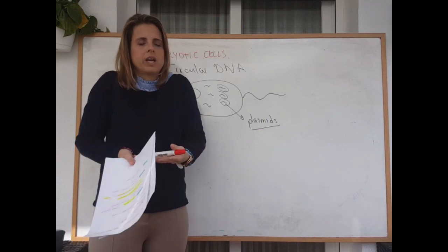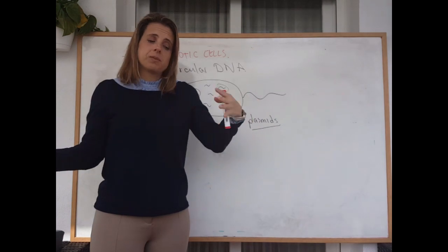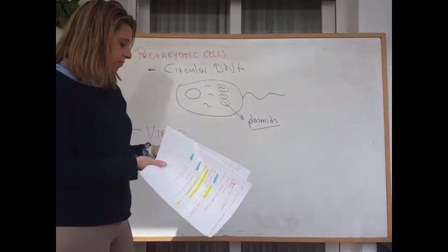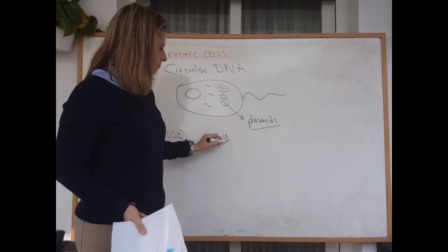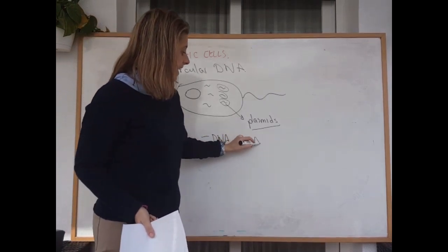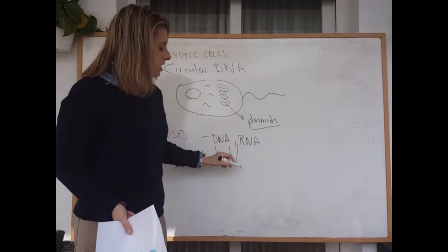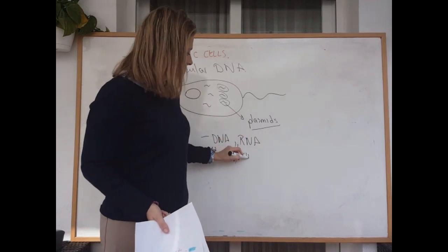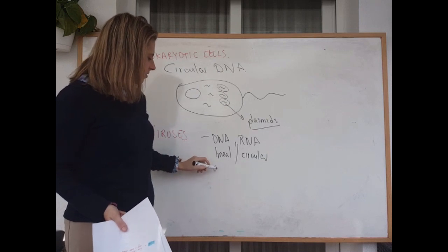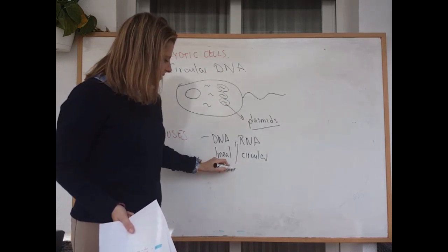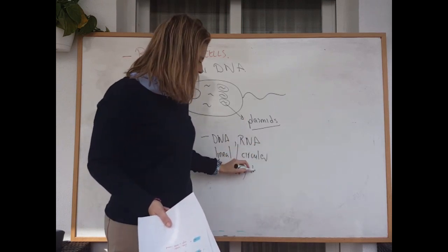So, as we have plenty of different types of genetic material for each cell, you are going to have viruses that have DNA, some have RNA, some are linear, some are circular, some with one strand, others with two strands, double strands.